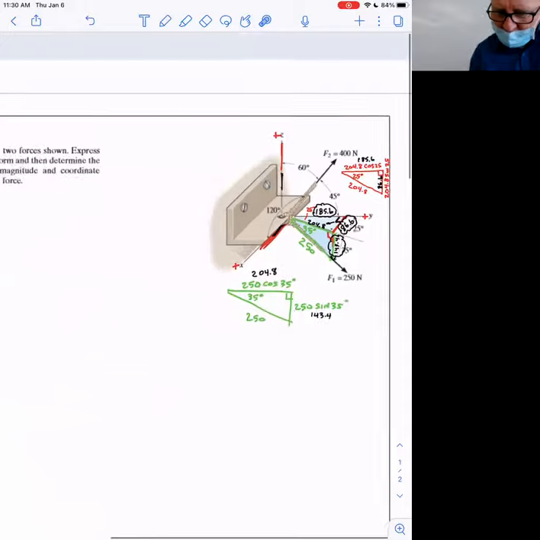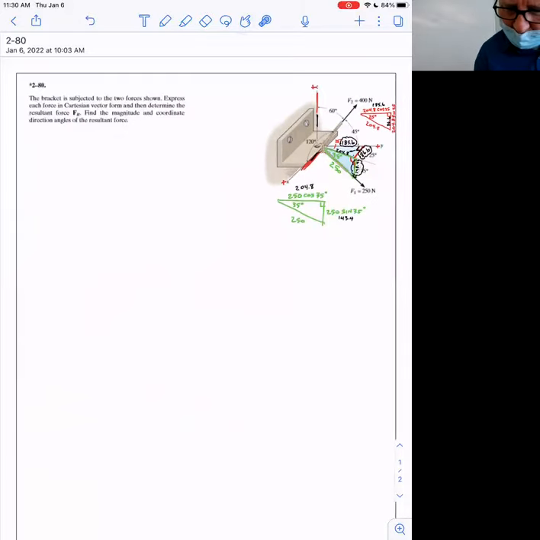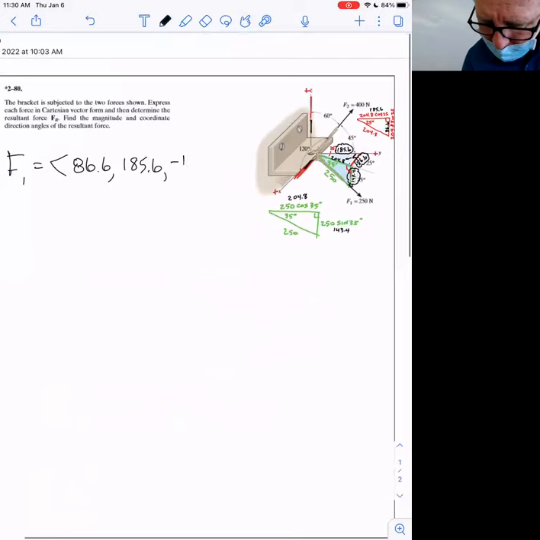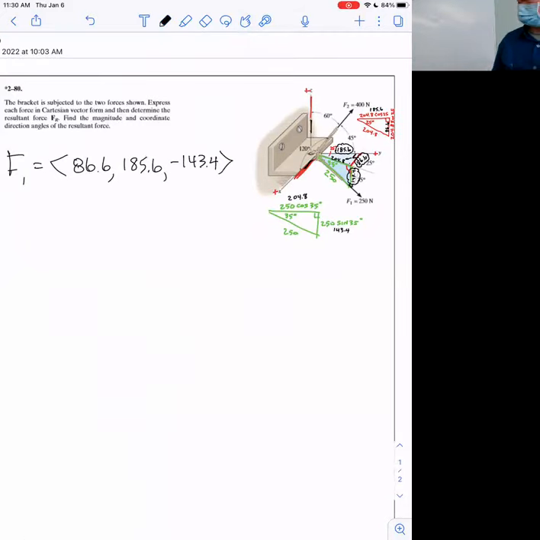So would you agree that my force 1 is positive X 86.6, positive Y 185.6, and positive or negative Z, I'm sorry, I didn't realize I was writing so small, 143.4. Should that have a label on it, that vector?